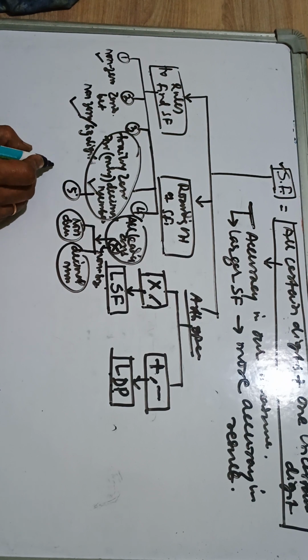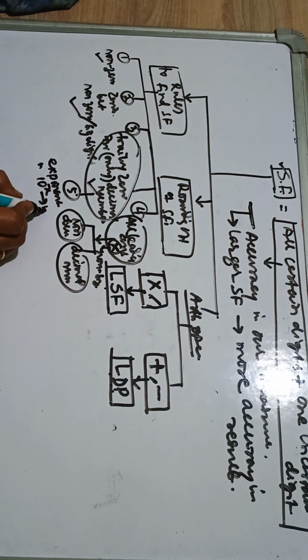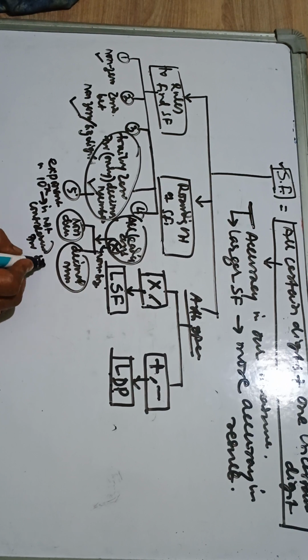Another rule, you can say the fifth, is that the exponential component, or the 10 to the power some value component, is not considered to find significant figure.